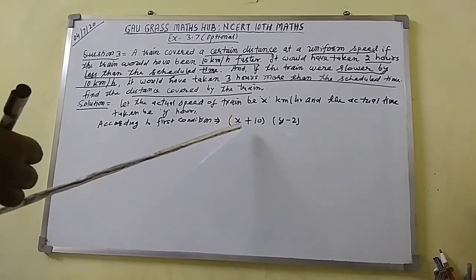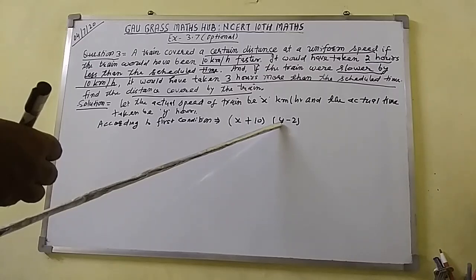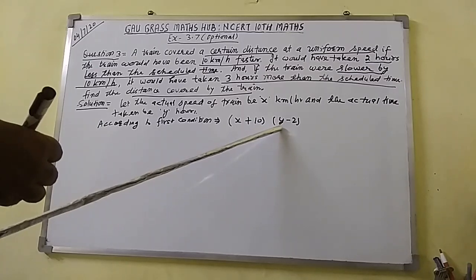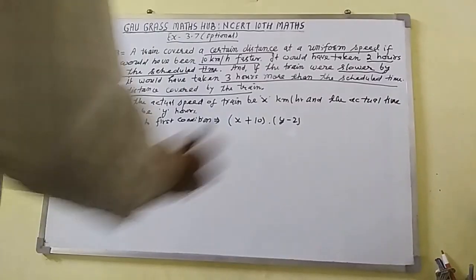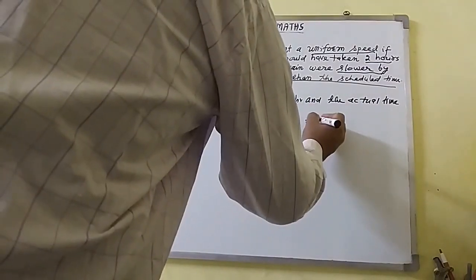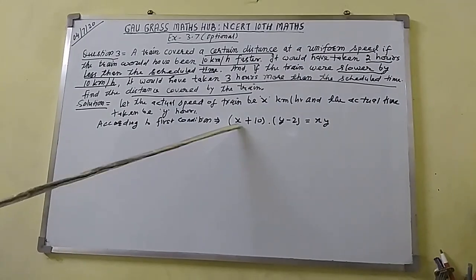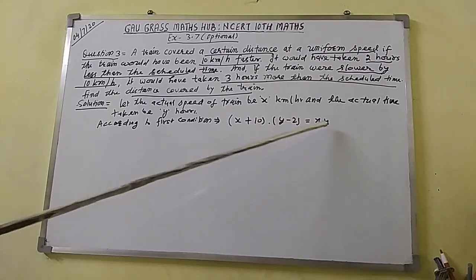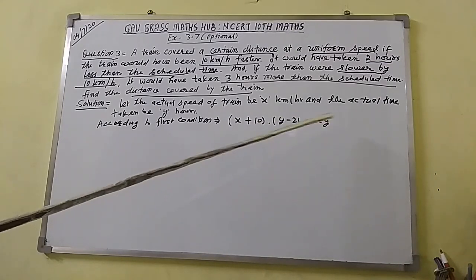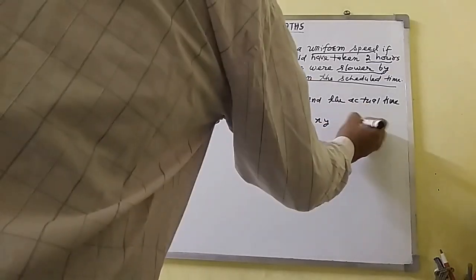And since this is the increased speed of the train and this is the reduced time, both will be multiplied together, you will get distance. Distance will be xy. Speed into time equal to distance. Now this will become equation number 1.